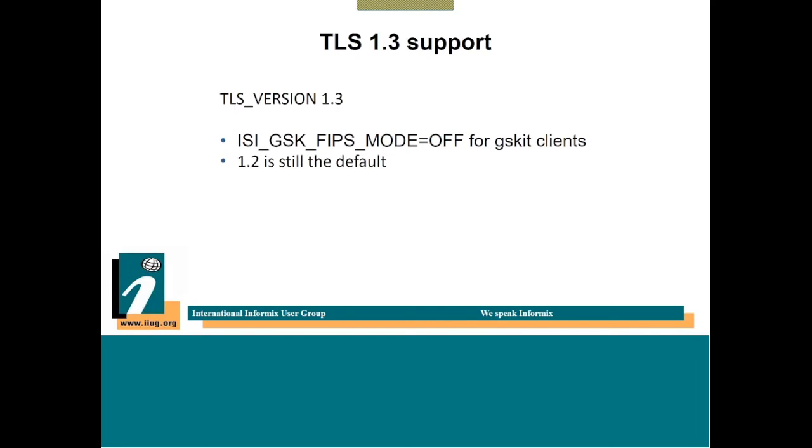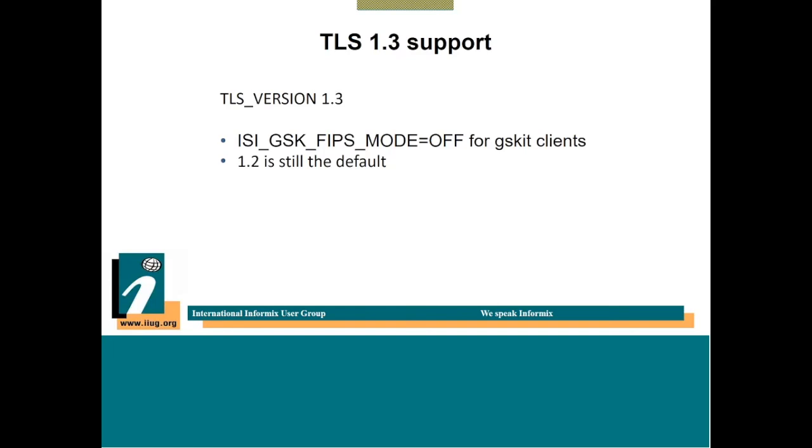But we recommend that you turn off FIPS mode for GSKit clients using this environment variable, ISI GSK FIPS mode. Set that to off, and then you'll be able to use TLS 1.3 with the server. If you don't set TLS version in your config file on the server side, it will still use 1.2 as the default. ODBC and other clients are not affected by the FIPS issue.